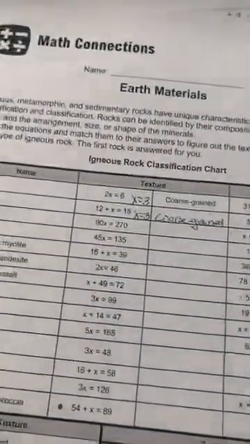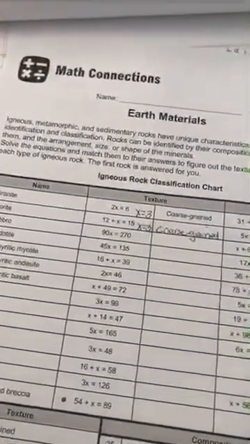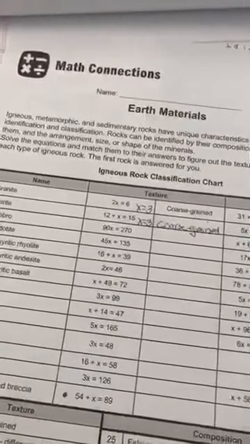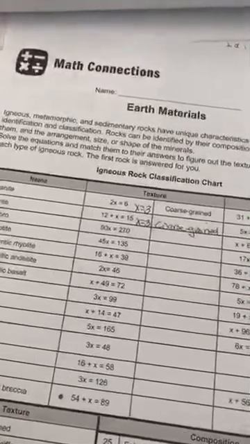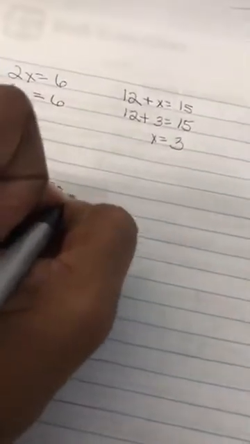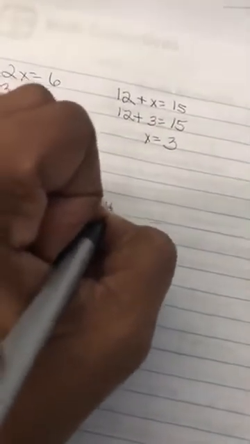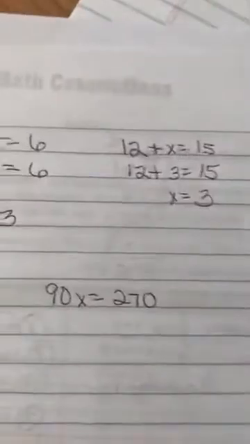All right, so the next one is 90x equals 270. What do you think I need to do in order to solve this problem?